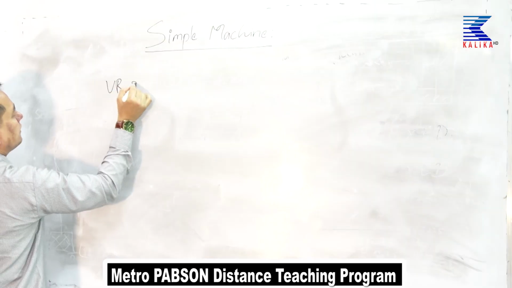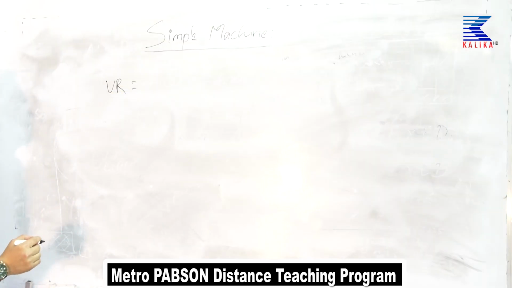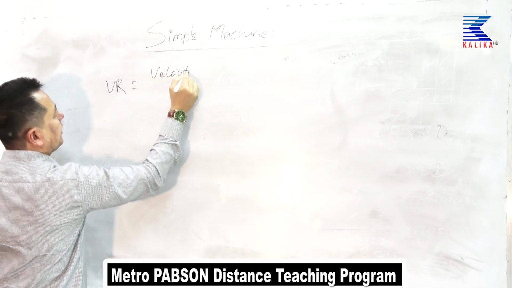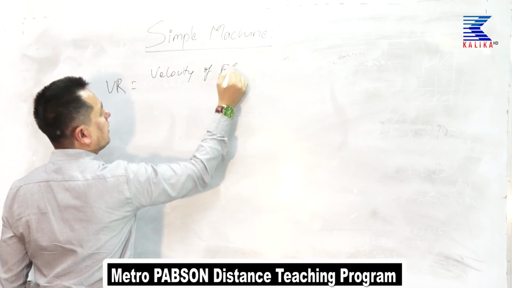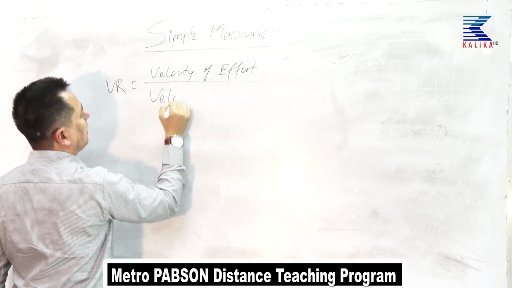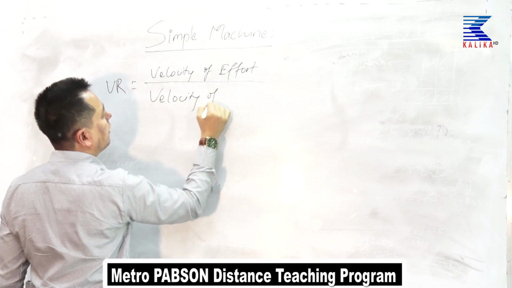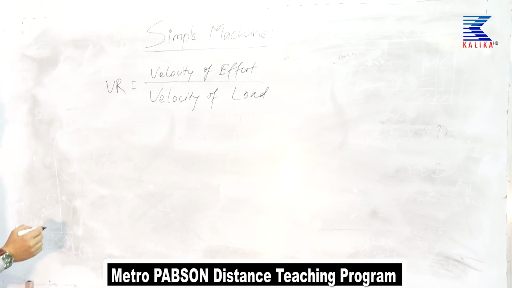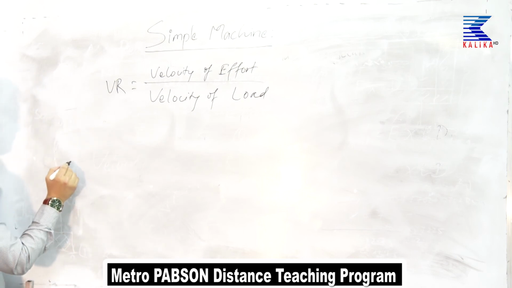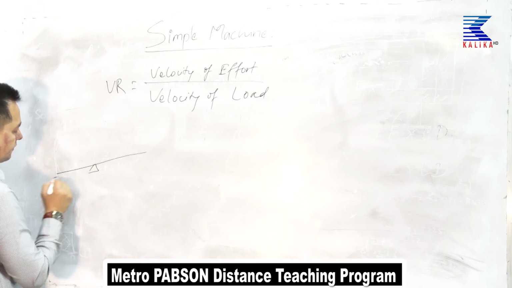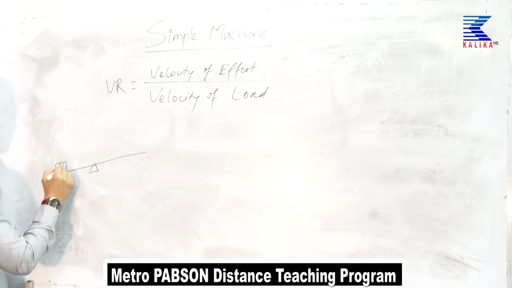Actually, velocity ratio is the ratio of velocity of effort to velocity of load. Now let me draw a figure here. I'll draw a figure of a lever again. A load is here.